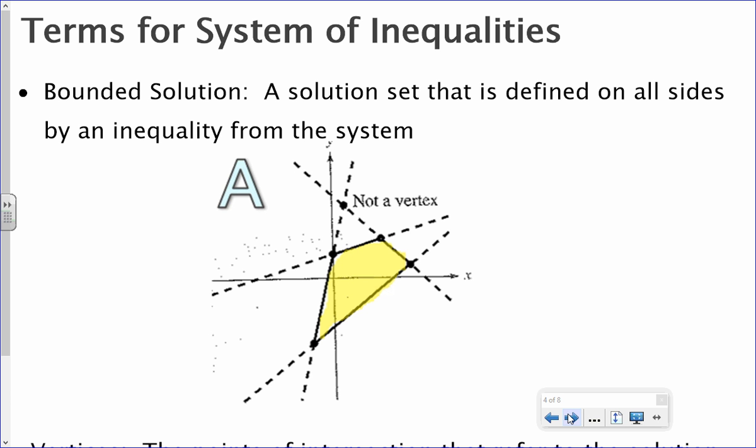You could get a bounded solution set, which basically means that you have graphs closing in an area of solutions, much like this circle and line that we have graphed right here, the blue plus black.